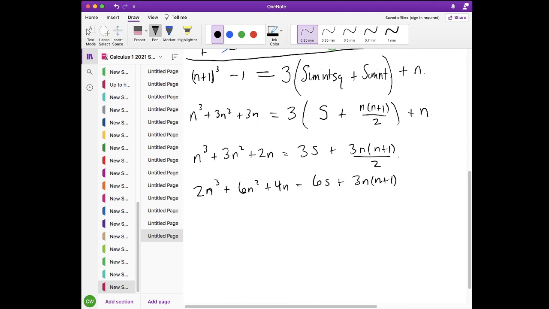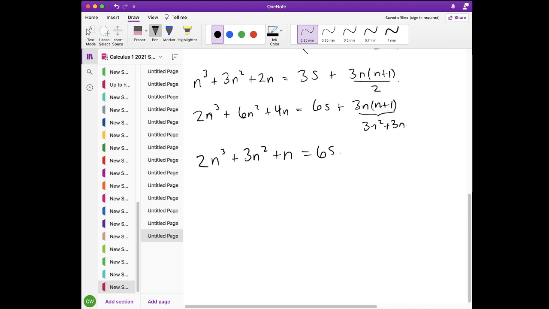So this is just 3n squared plus 3n. If I subtract that, I get 2n cubed plus 3n squared plus n is equal to 6s. Now we divide by 6. We get 2n cubed plus 3n squared plus n over 6 is equal to s.